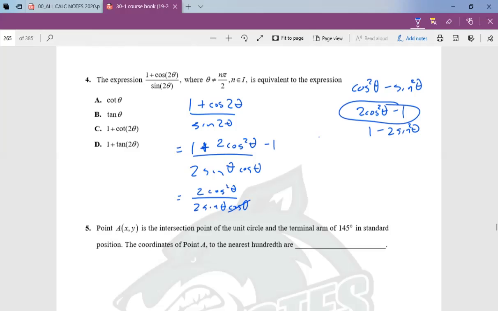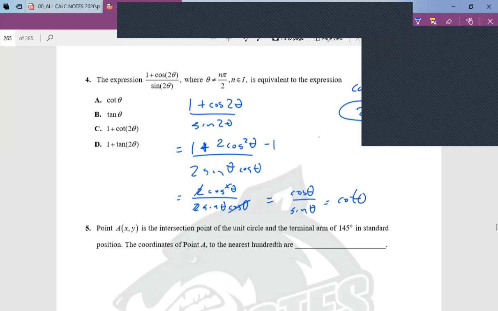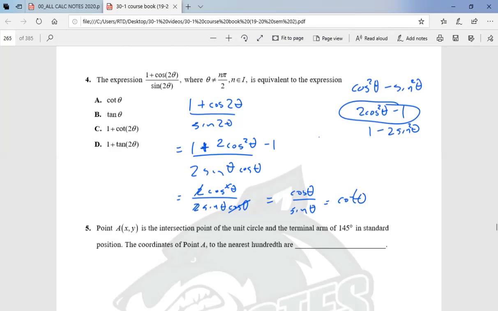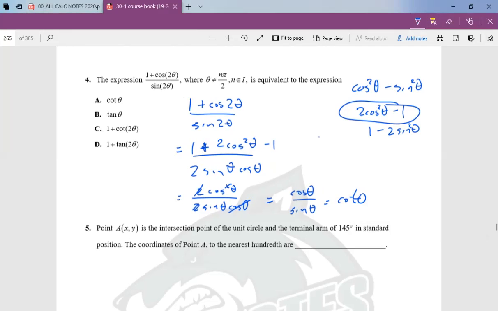We divide out a factor of cos theta from top and bottom. Let's also divide out a factor of 2, and this ends up being cos theta over sine theta, equal to cotangent theta. And so for cotangent theta, here it is right here. So our answer is A.